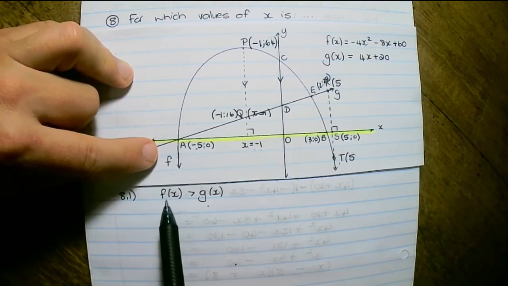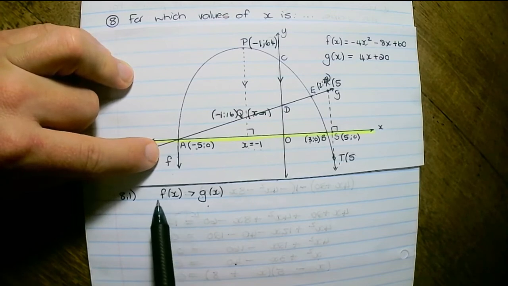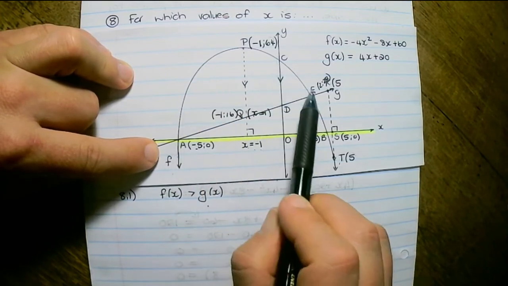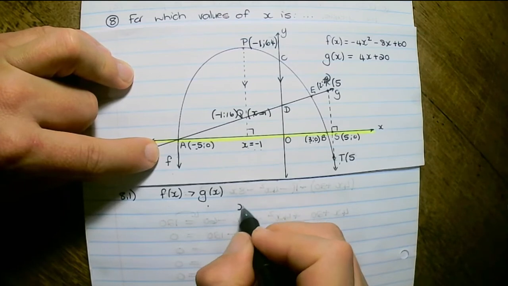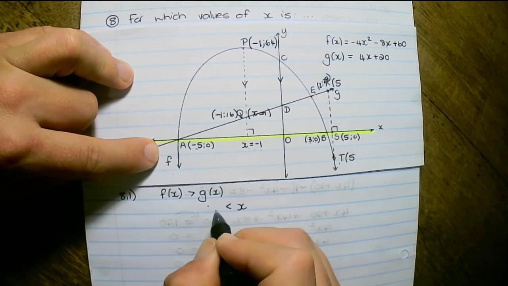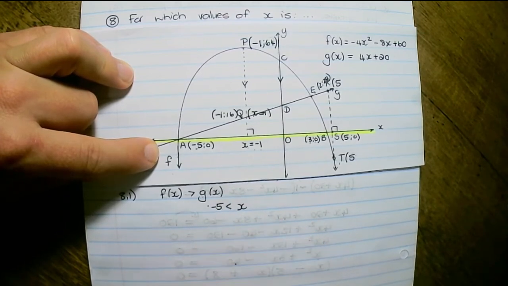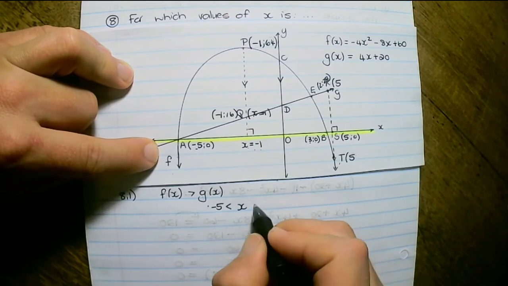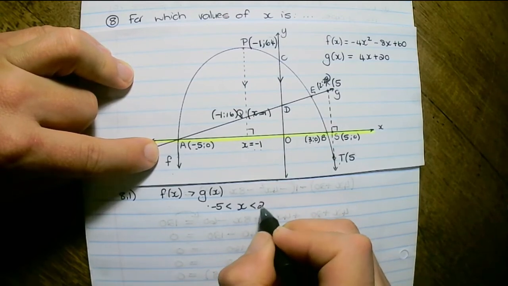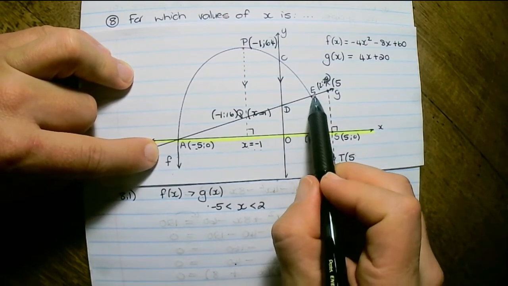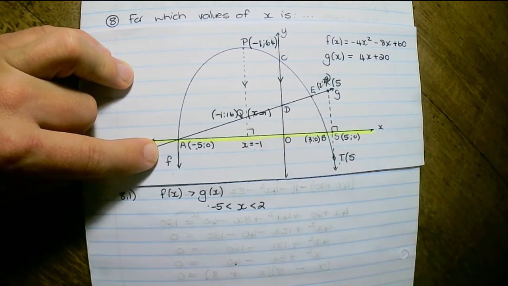But we're asking, where is the parabola higher or above the straight line? And that's for x from negative 5 up until x equals 2, which is the coordinates of E, which we have calculated earlier.